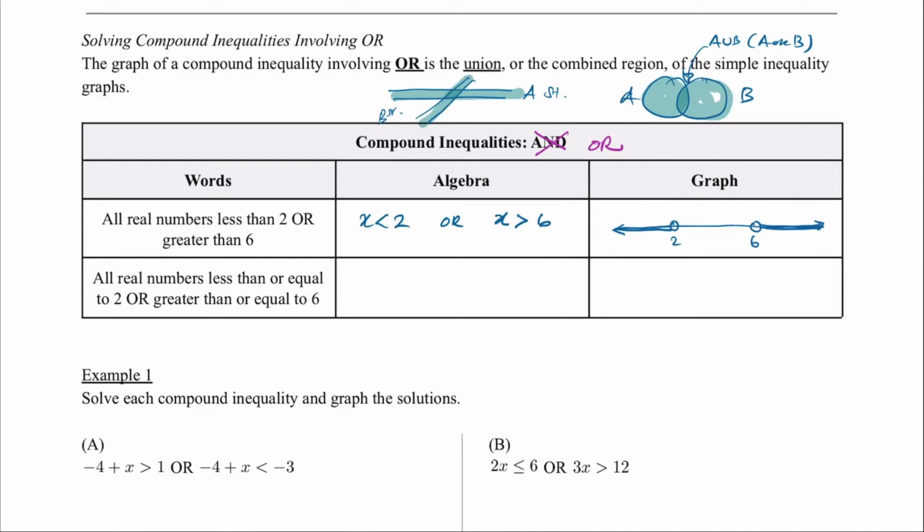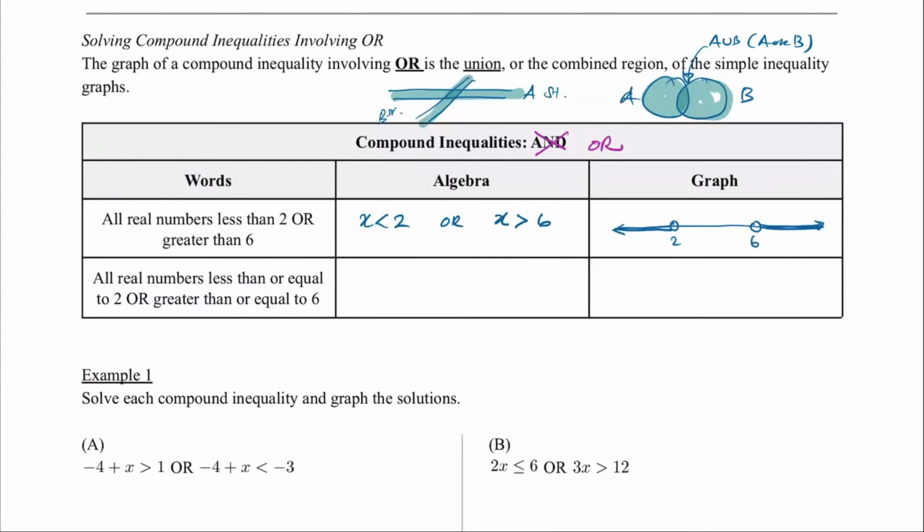Okay, and then the second example that we have, oh, by the way, we tend to stay away from this example until example 2, so that was a little bit of foreshadowing. Okay, let's continue with our own algebra 1 stuff. All real numbers less than or equal to 2 or greater than or equal to 6. So we have the same thing over here.